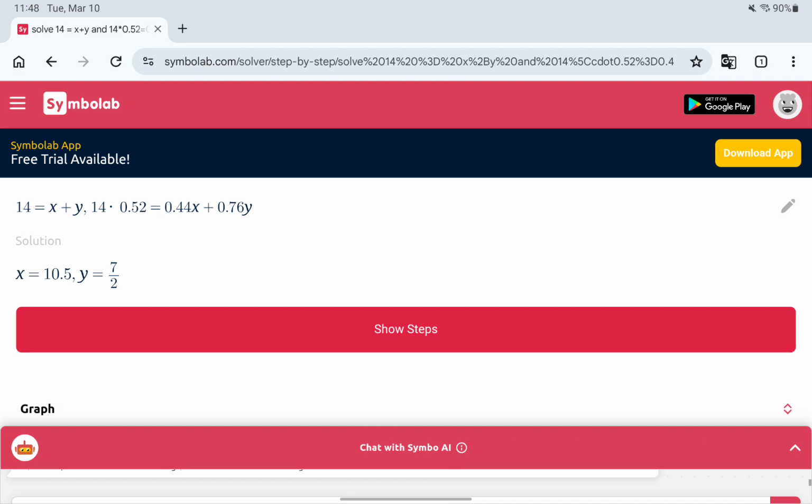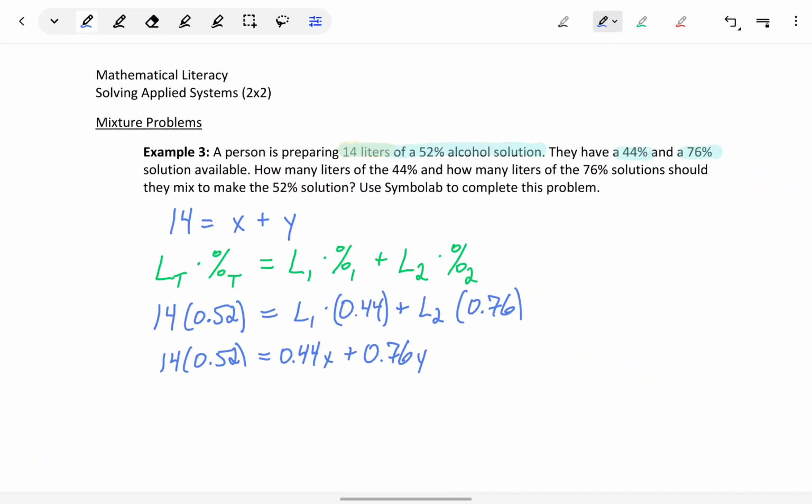X equals 10.5, Y equals 7/2. Sorry, 10.5, and then 7/2, which is the same thing as 10.5, comma 3.5.